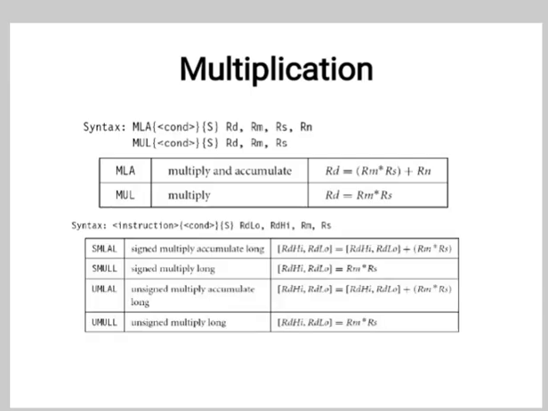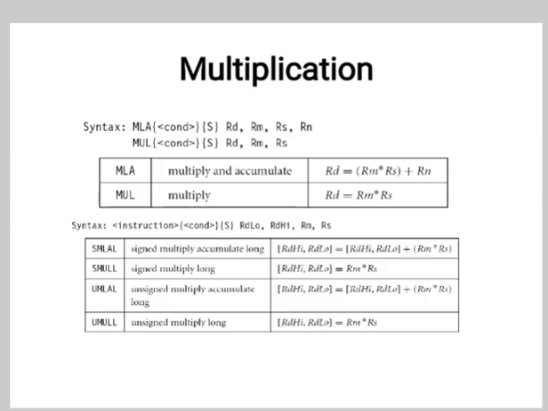Next is the multiplication. The syntax for the multiplication is given here: MLA condition and registers, MUL condition register. MLA means multiply and accumulate, MUL means normal multiply. If the MUL instruction takes place, then it is normal, that is RD is equal to RM into RS.